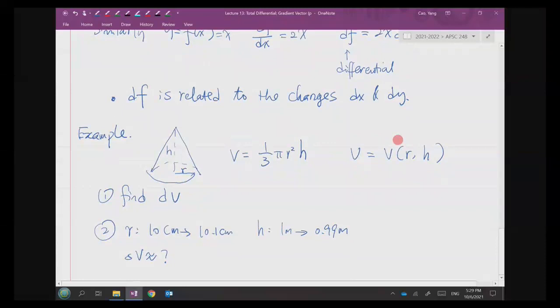So this is the very typical question for this part of the material. Okay, so let's take a look together at how we approach this.